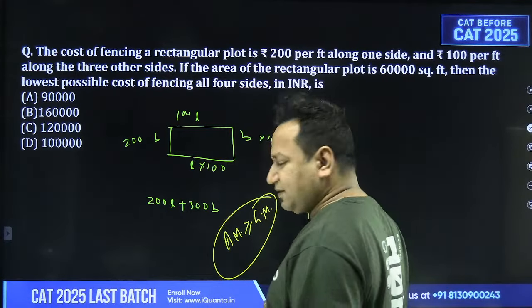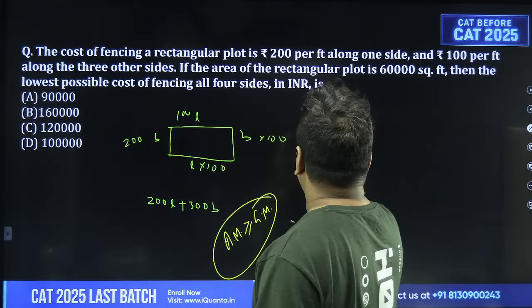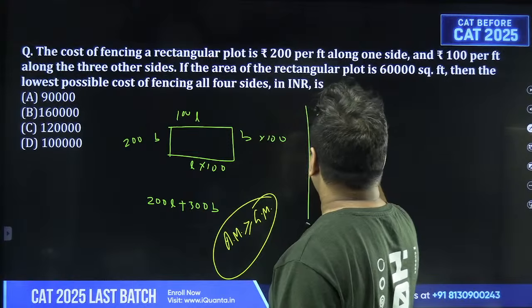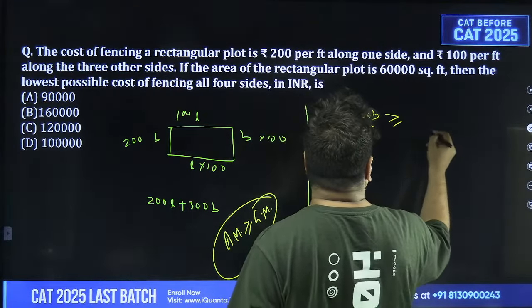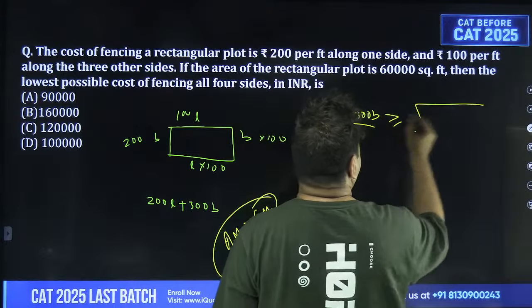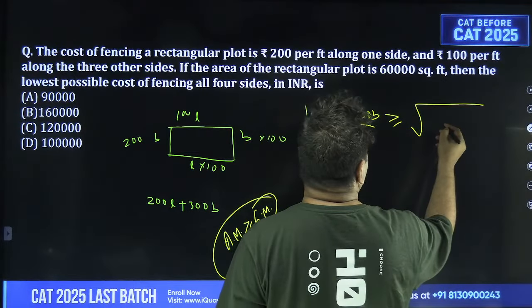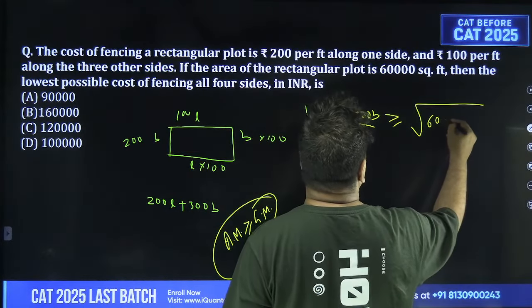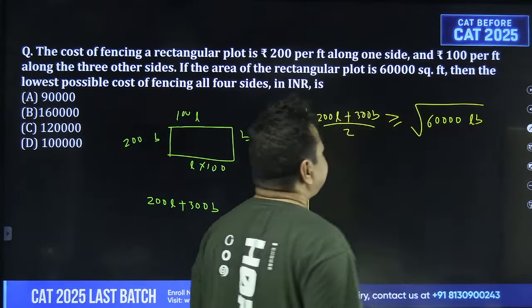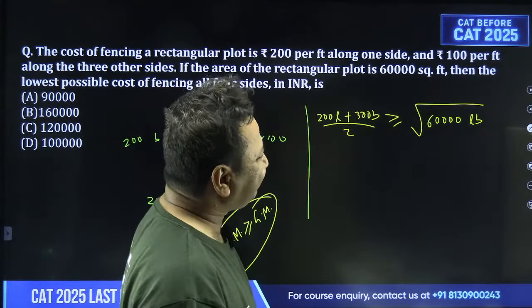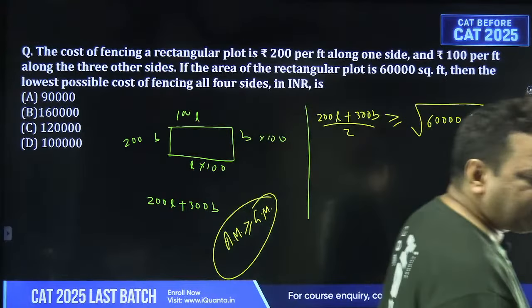So what will its arithmetic mean be? 200L plus 300B whole upon 2 should be greater than or equal to the square root of their product, 200 and 300, 60,000 times LB. Looks good.